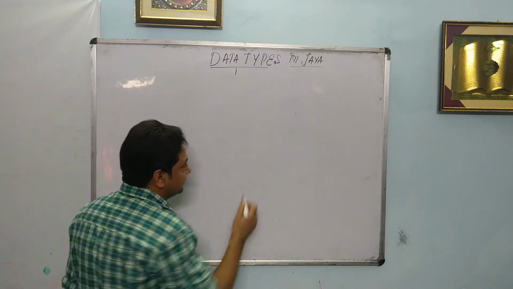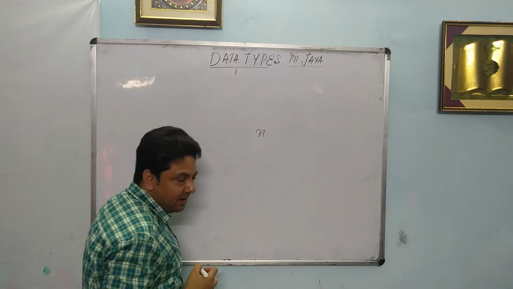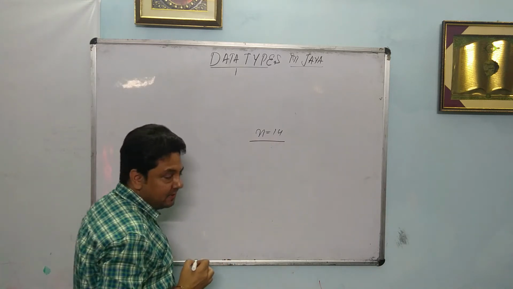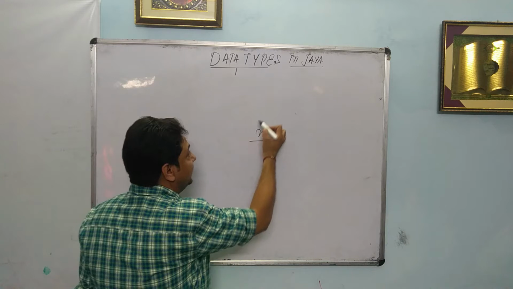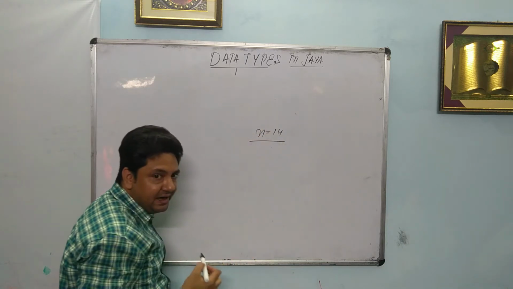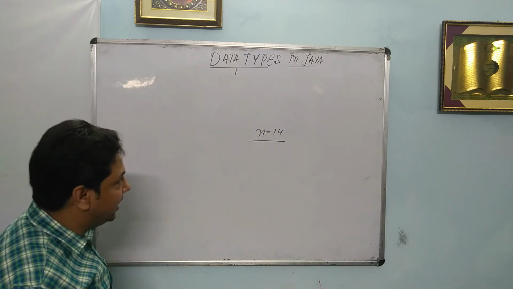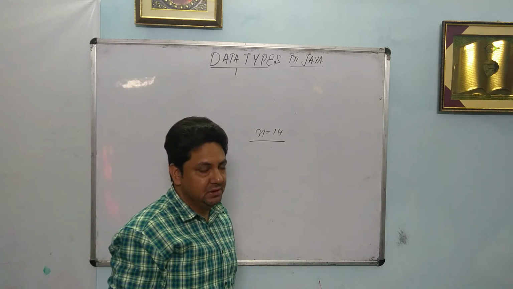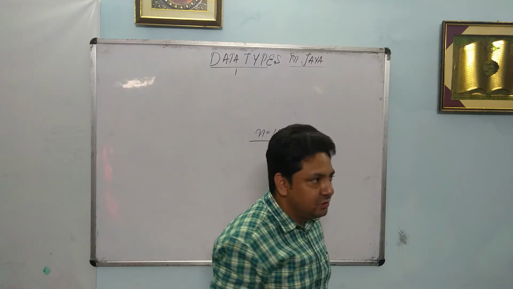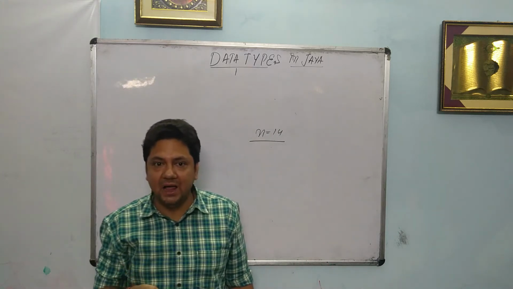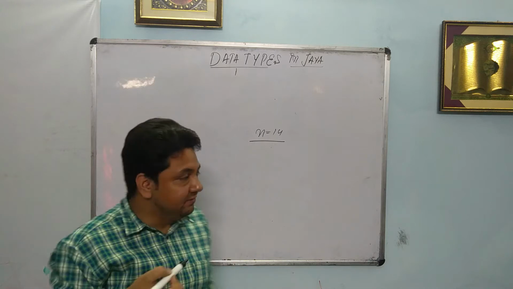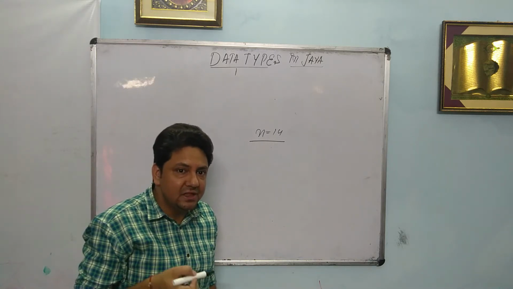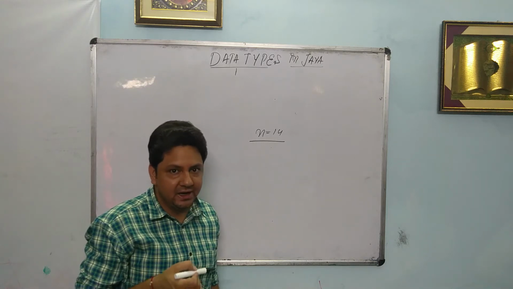Suppose n is a variable and I am going to use it, it is not possible unless it is defined with the appropriate data type. So first of all, we have to define any variable, then only we can use it. In other words, we have to inform the compiler beforehand that this kind of variable I am going to use. So we have to define this kind of variable with the appropriate data type.